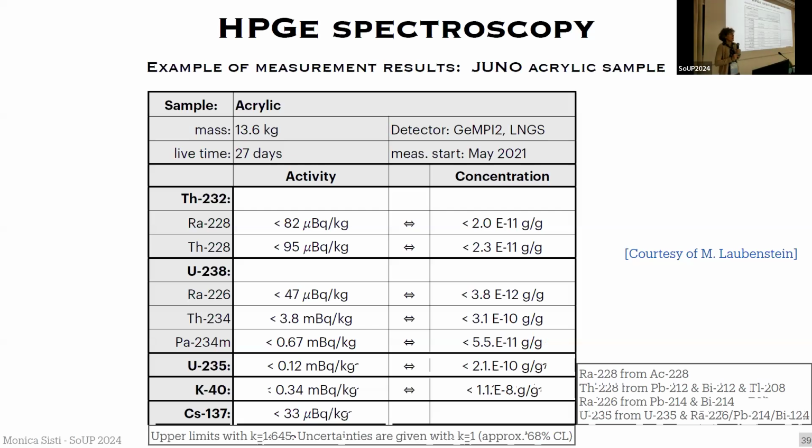Of course, you are right. If you have a strong contamination in the material, then you see the full peak, so you can say which is the contaminant of your material, and then you have the Compton tail that will cover possible smaller contaminations inside the material.